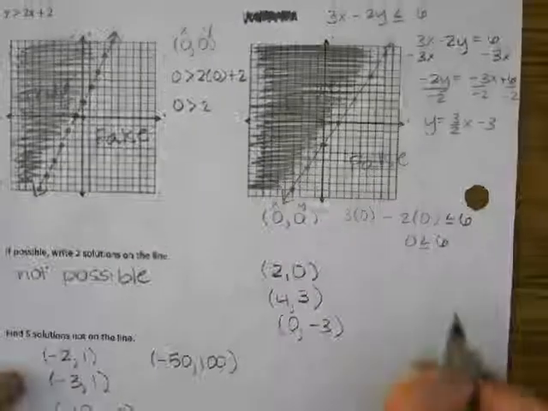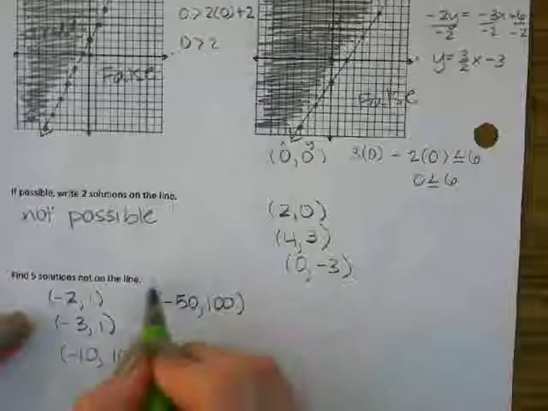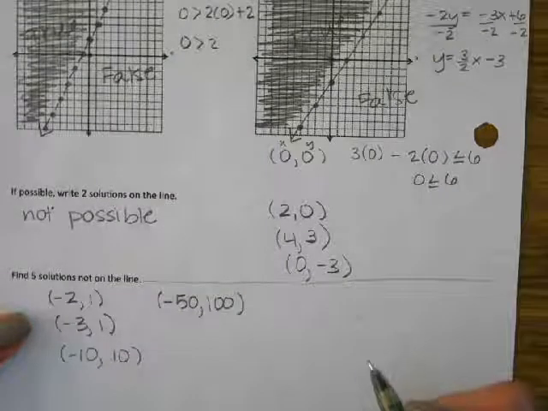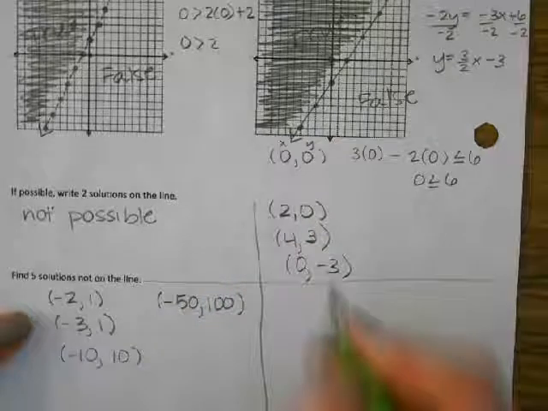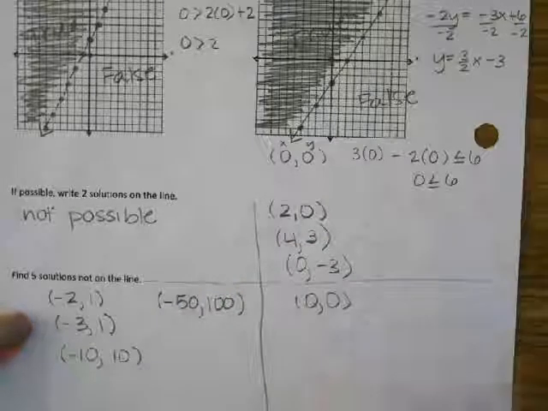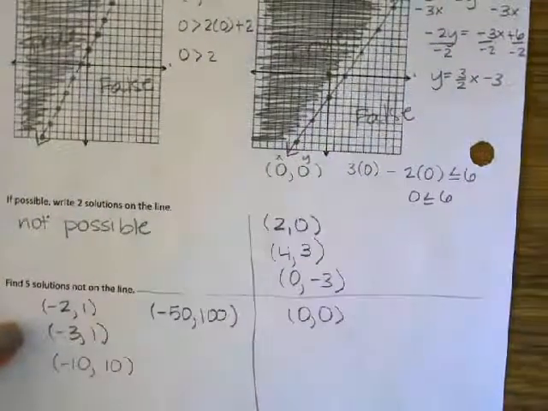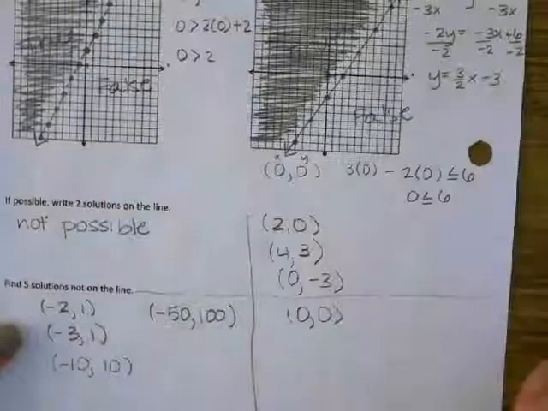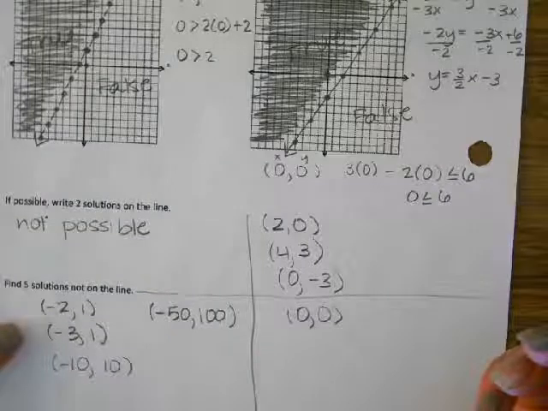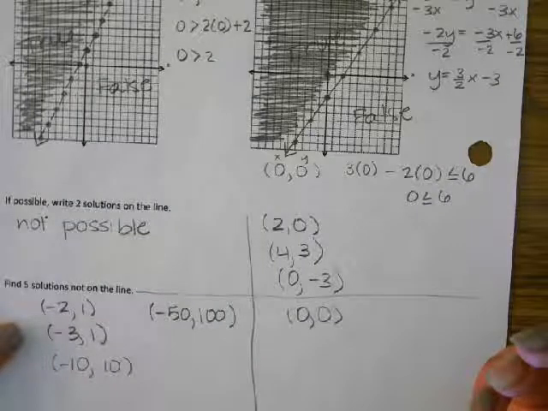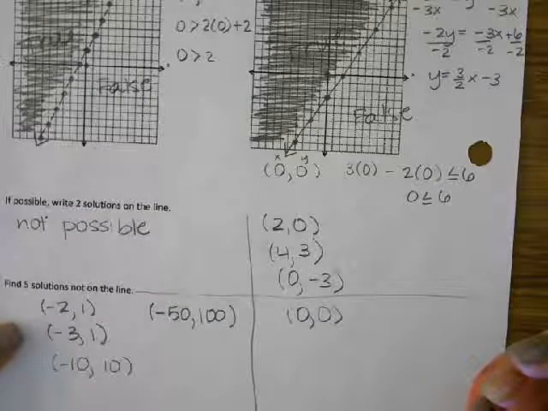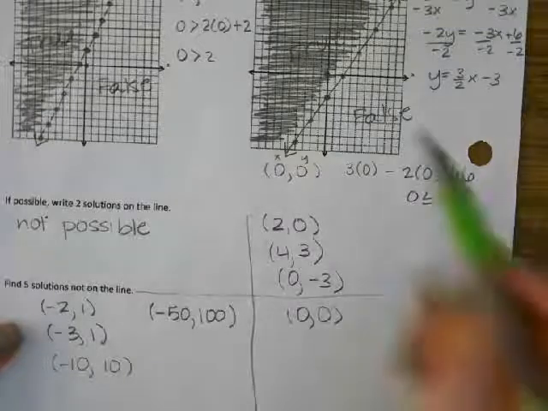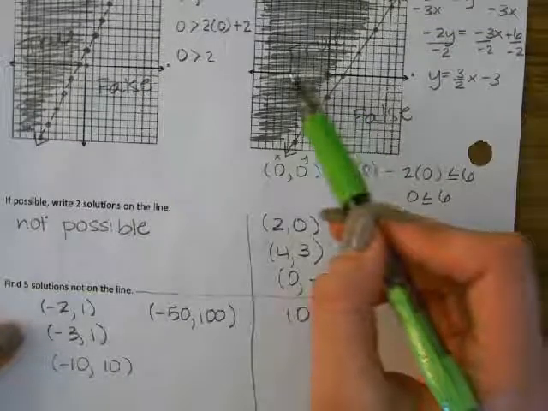And how about solutions that are off the line, that are not on the line? Yeah, 0, 0 was a solution. We know that because we plugged it in. What's another solution? Anything over here? We got lots of answers. What about like negative 5?